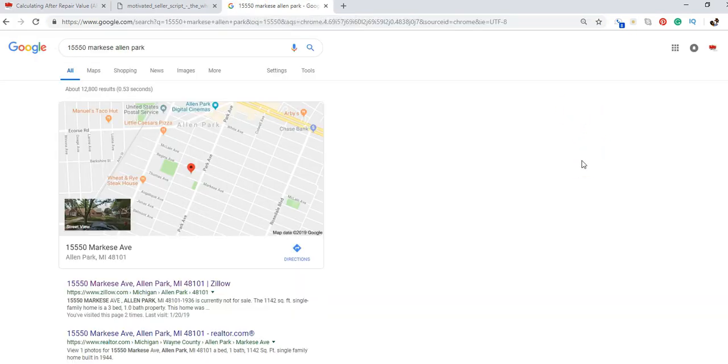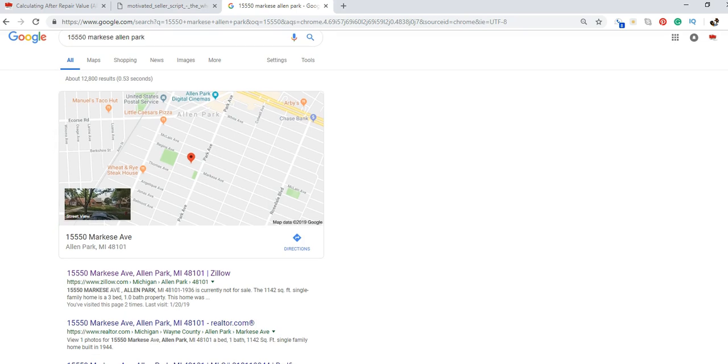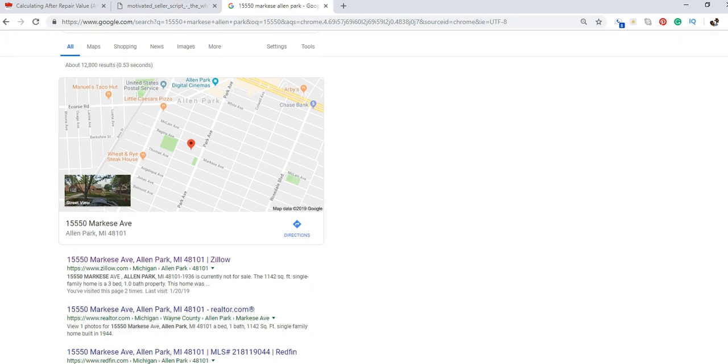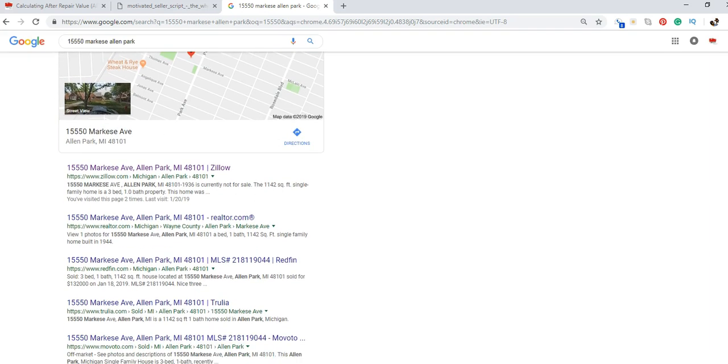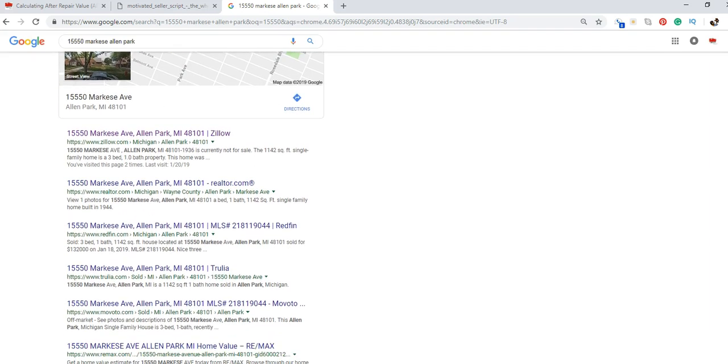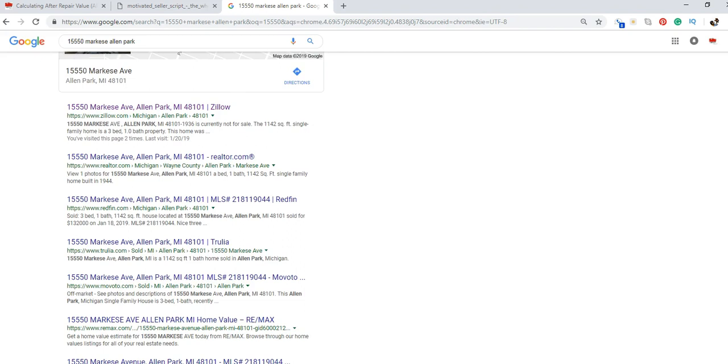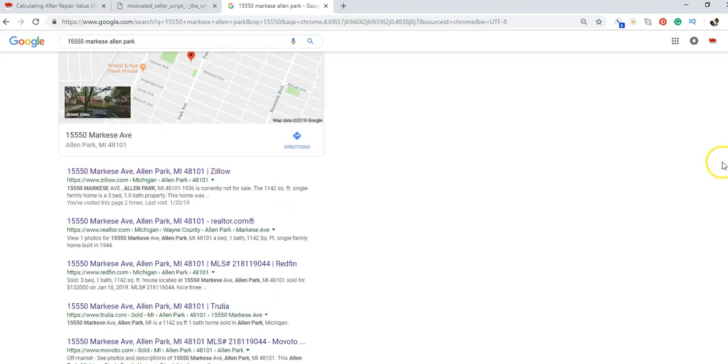search for it. Then it's going to bring up the property on Google, where it's located. I'm using the same property that I used on our walkthrough example, a property that one of my investors bought. So you can see that it pulls up through Zillow, Realtor.com, Redfin, truly all of them.